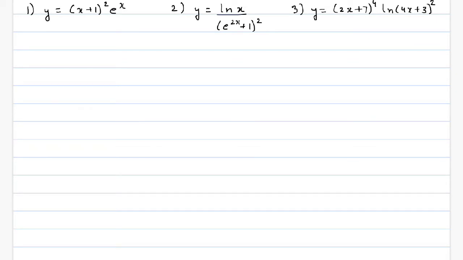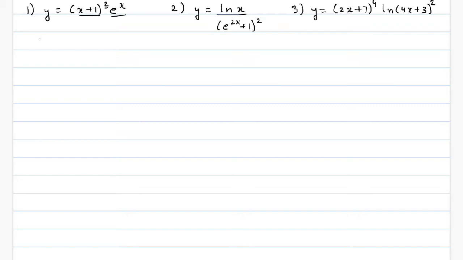Let's solve some sums that you might find in your examination. Now for the first one, if you see here, we have three kinds of functions. One, we have x plus 1, then we have squared, and then we have e raised to x. Now these two functions, x plus 1 and then squared, are basically one into the other. We'll use chain rule to solve them, but e raised to x is multiplied to this function, so we'll have to use that multiplication rule.